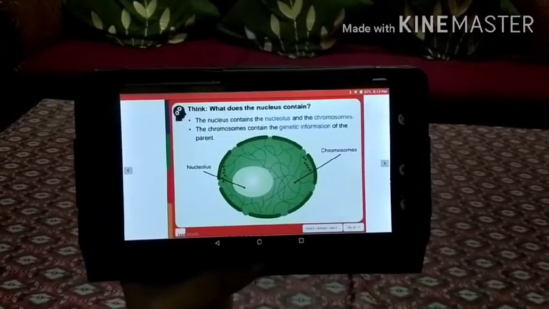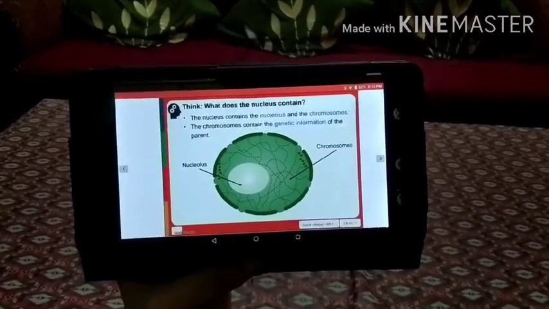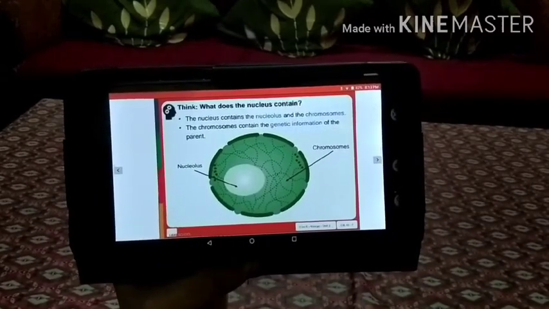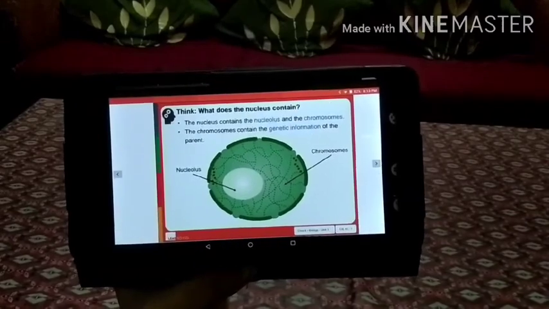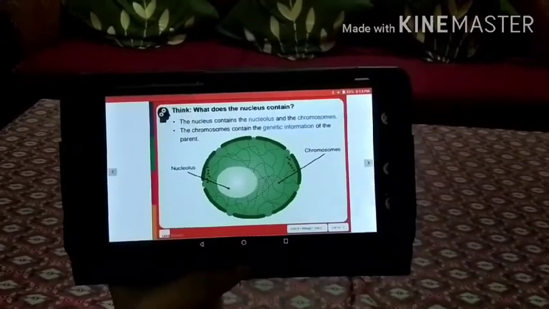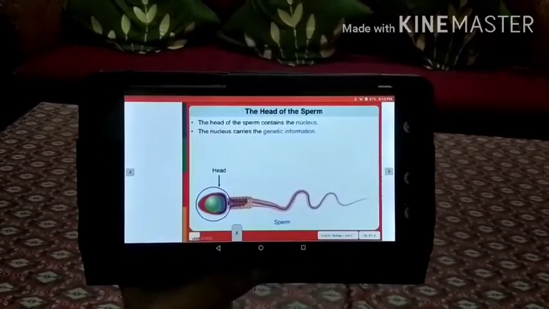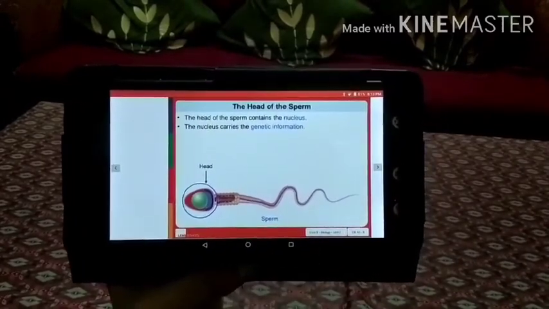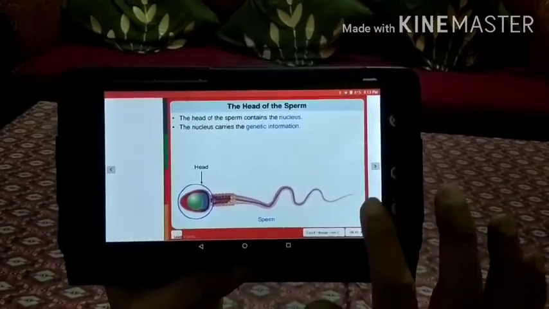The nucleus contains the chromosomes. The chromosomes contain the genetic information of the parent. The head of the sperm contains the nucleus, and the nucleus contains the genetic information.